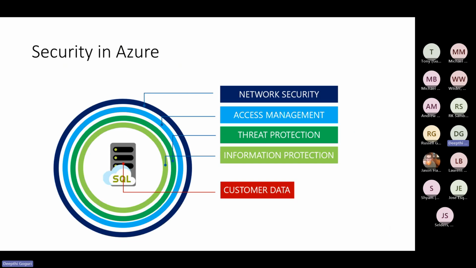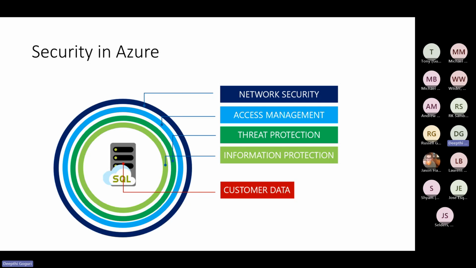In the same way, there are several security layers in Azure as well. Like the security cameras in the parking lot of the bank, in a similar way, we have the outer layer of security, which we can call network security.